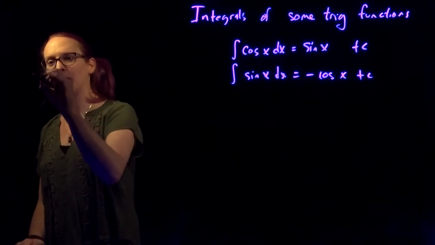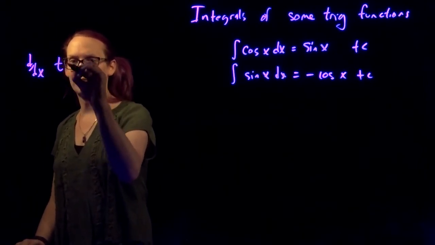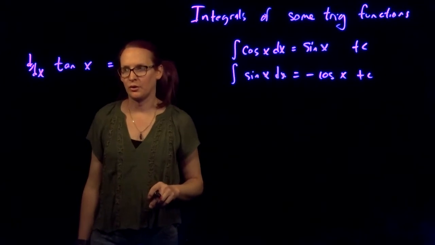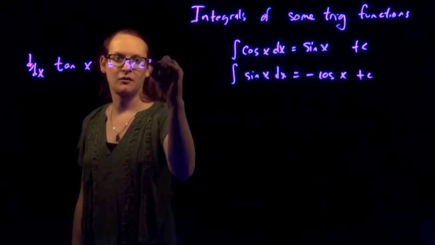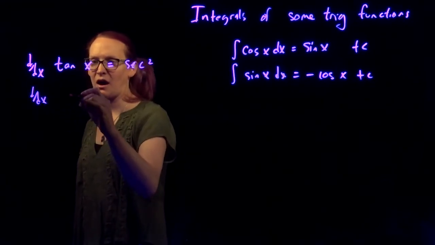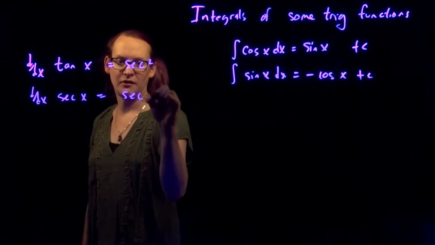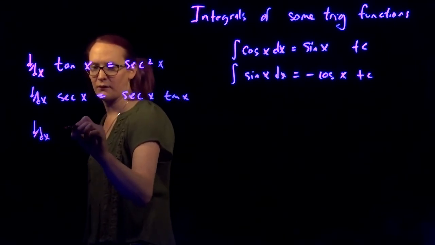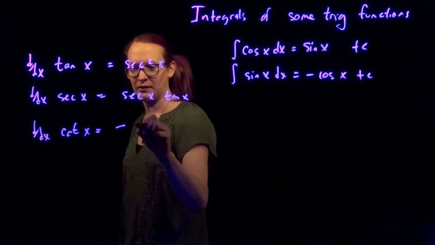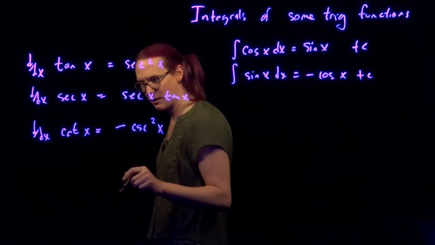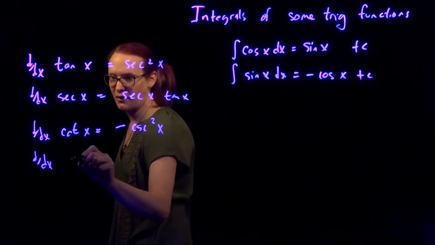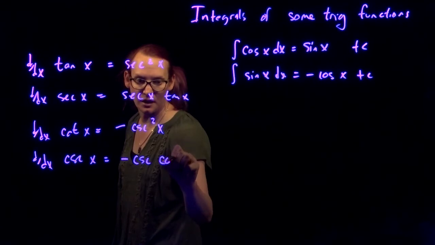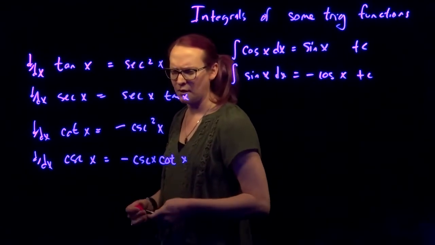I remember that d dx of tangent of x is equal to secant squared. d dx of secant of x is equal to secant of x tangent of x. d dx of cotangent of x is equal to minus cosecant squared of x, and d dx of cosecant of x is equal to minus cosecant cotangent.